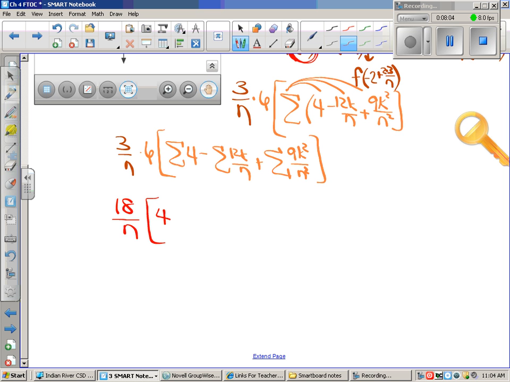Okay? So this is 4n. Good. Minus, this is 12 over n, and this is the summation of k. So what's the summation of k? Plus 9 over n squared, summation of k squared.